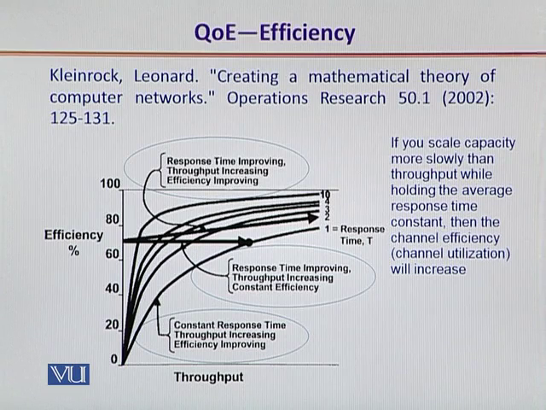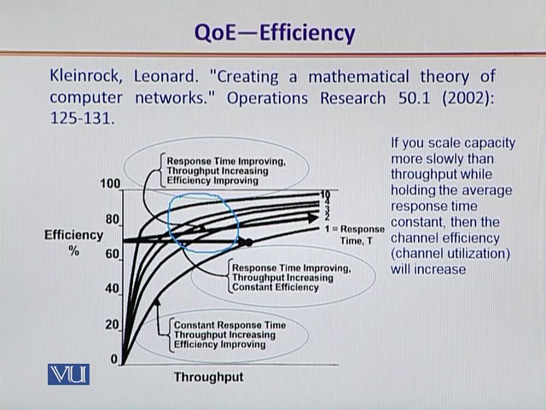So the particular group of plots that this section is referring to is the response time increase. You see here, in this group of curves, that the response time is getting improved from 1 to 2 to 3 to 4 to 10. So the throughput would also increase and the efficiency is going to improve.